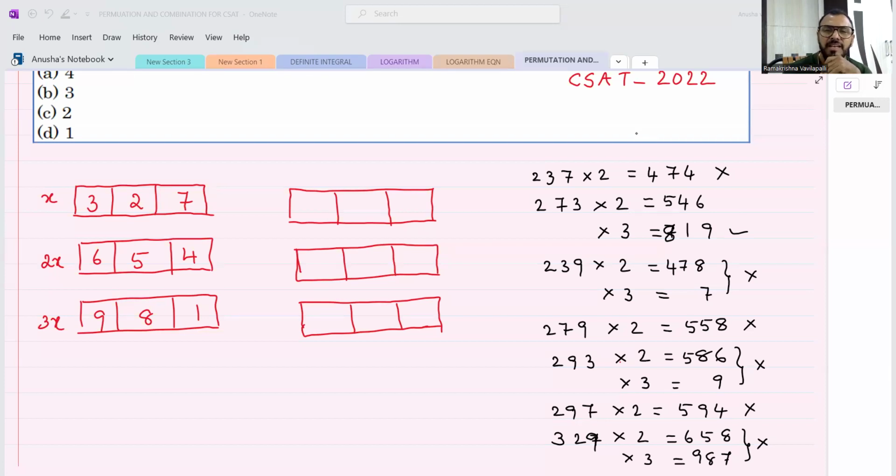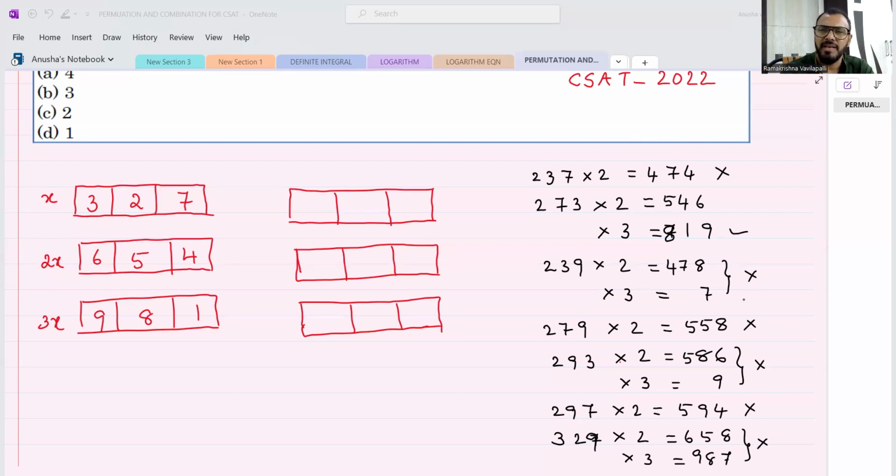Here I have listed out all the possible cases of 3-digit numbers formed by 2, 3, 7, 9. Anyway, first digit cannot be 9. If any 3-digit number begins with 9, if you multiply by 2, you will get a 4-digit number. We want only a 3-digit number. So first digit cannot be 9.